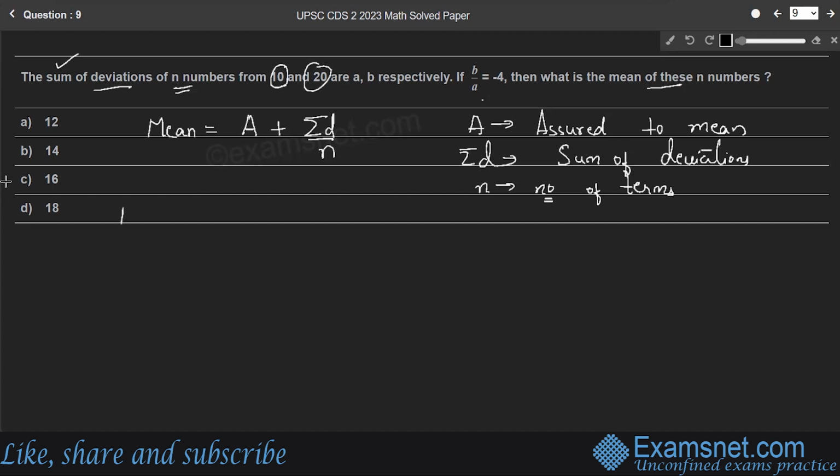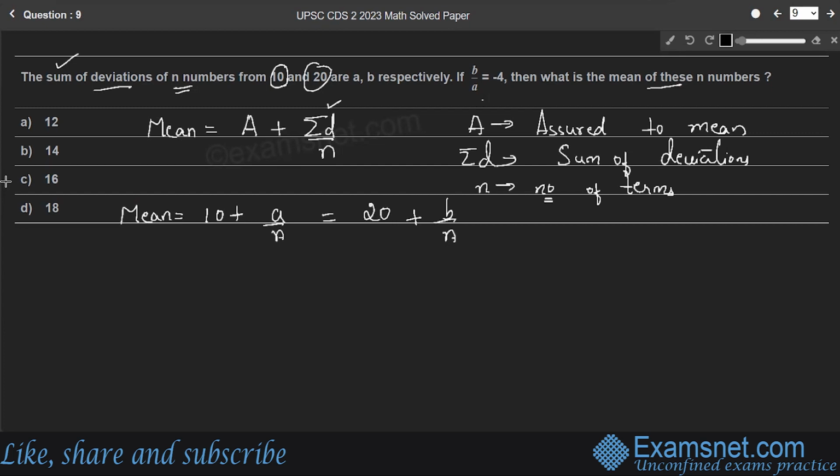Therefore, we can consider mean as 10 plus sigma d by n, so in place of sigma d, we can consider a by n, which is equal to 20 plus b by n, right?